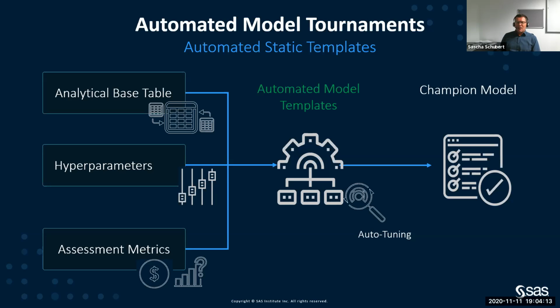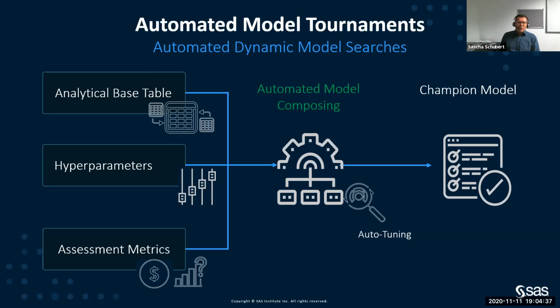And I'll talk about that a little bit more in a second, what we mean by auto tuning and hyperparameter tuning. But in this case, basically all you need to do is set those three ingredients, your base table, your hyperparameters, and your assessment matrix, and let it run automatically. And we'll come back with 10, 20, 30 different models and you can easily identify which is the champion model.